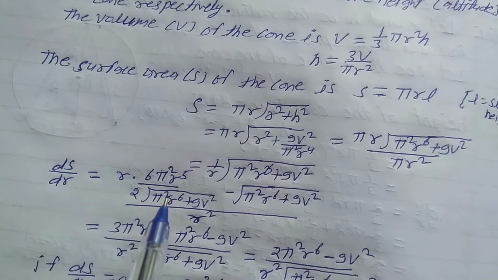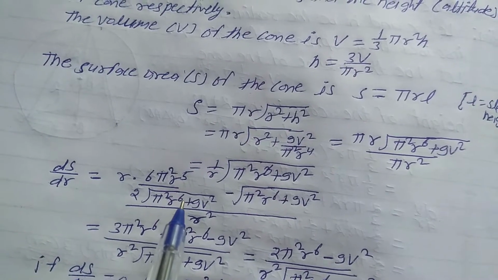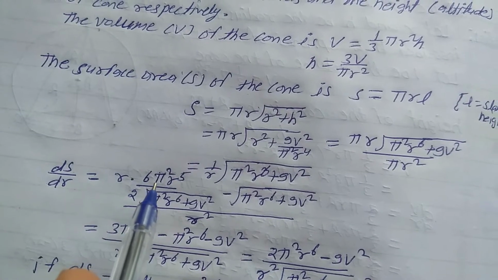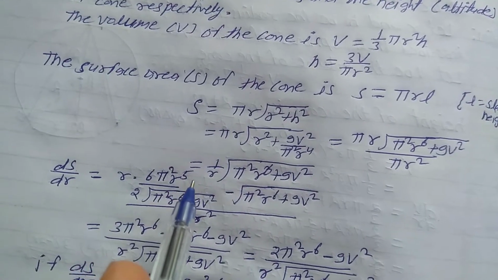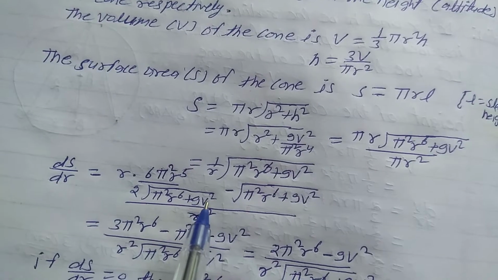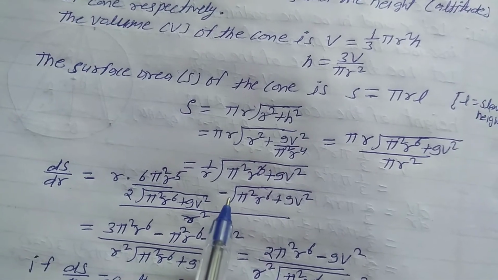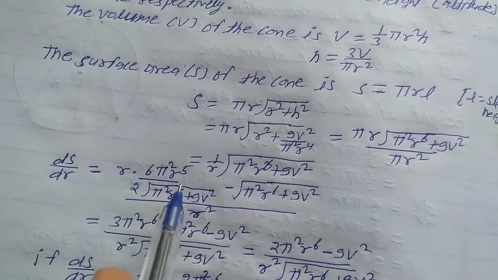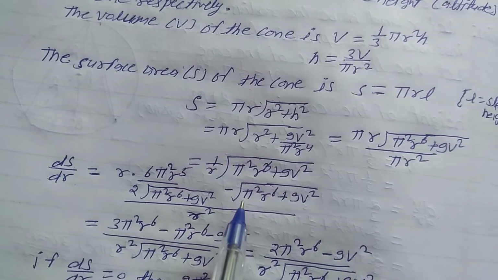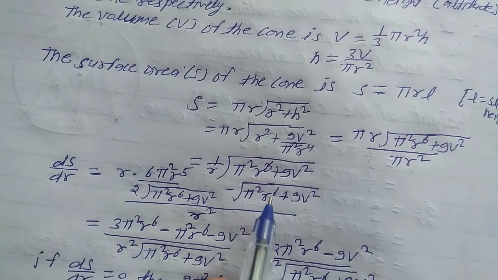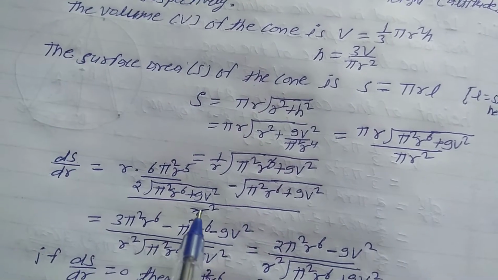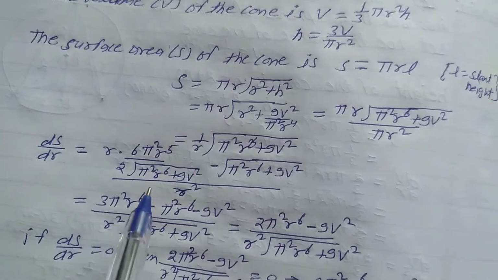Pi square is constant, r power of 6 differentiates to 6 r power of 5, so 6 pi square r power of 5, and 9V square is constant, so its differentiation is 0. Minus the differentiation of v, which means r, is 1, and the other term is as it is, so minus root of pi square r power of 6 plus 9V square, upon v square, which means r square.